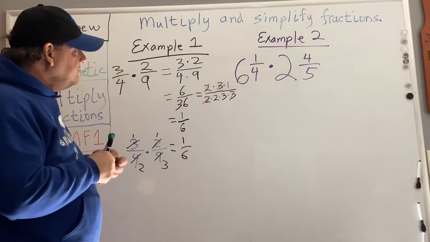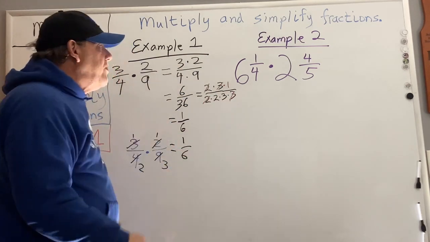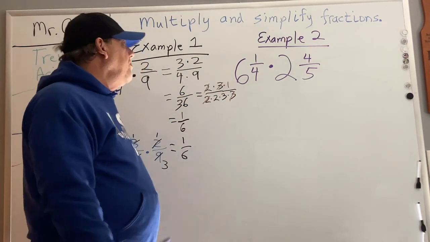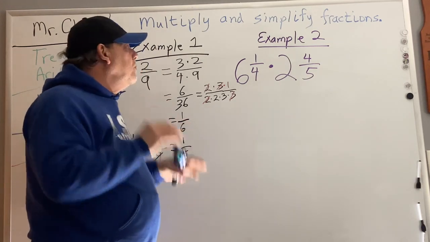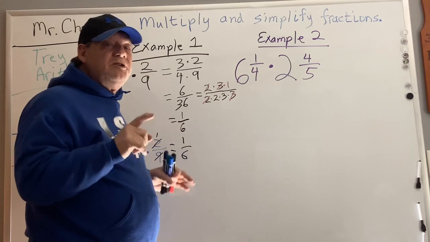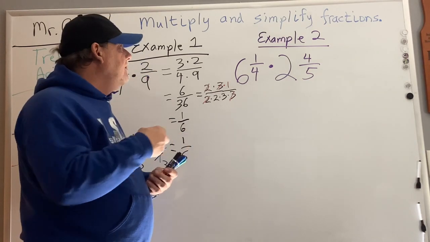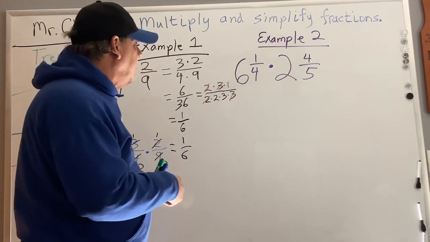All right, so now on example 2, a little bit harder now. Why is it a little bit harder? Because they're mixed numbers. When you're multiplying fractions, you have to change mixed numbers to improper fractions. You cannot do it without it other than using a calculator.